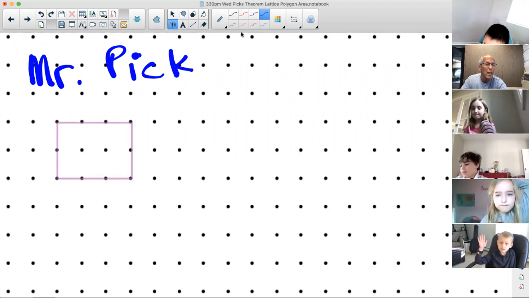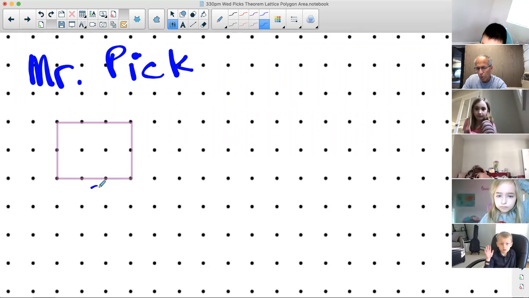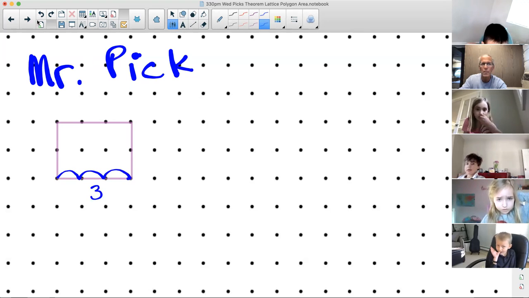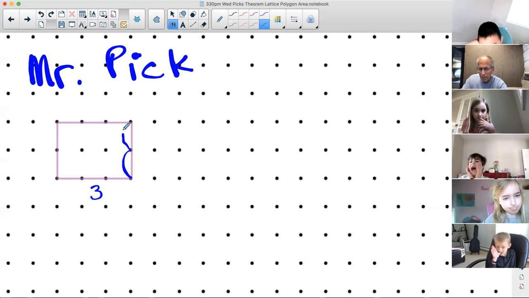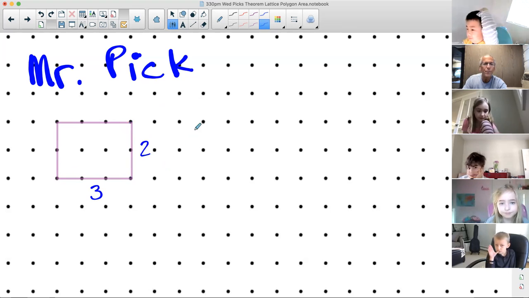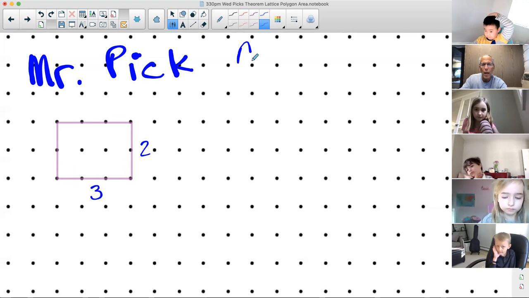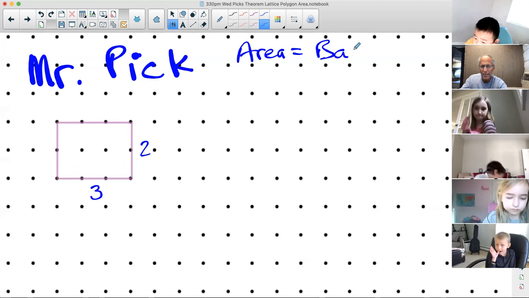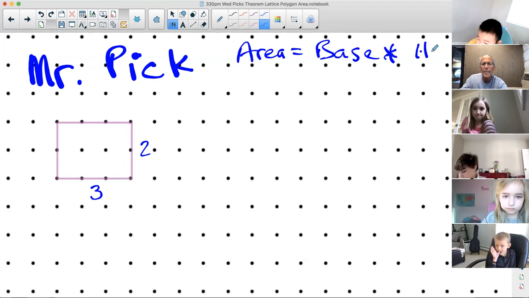The first thing I would do is draw a 3 on the bottom because there's 1, 2, 3 units in the horizontal dimension, and there are 2 units in the vertical dimension. And your area, as you know, is your base times your height.